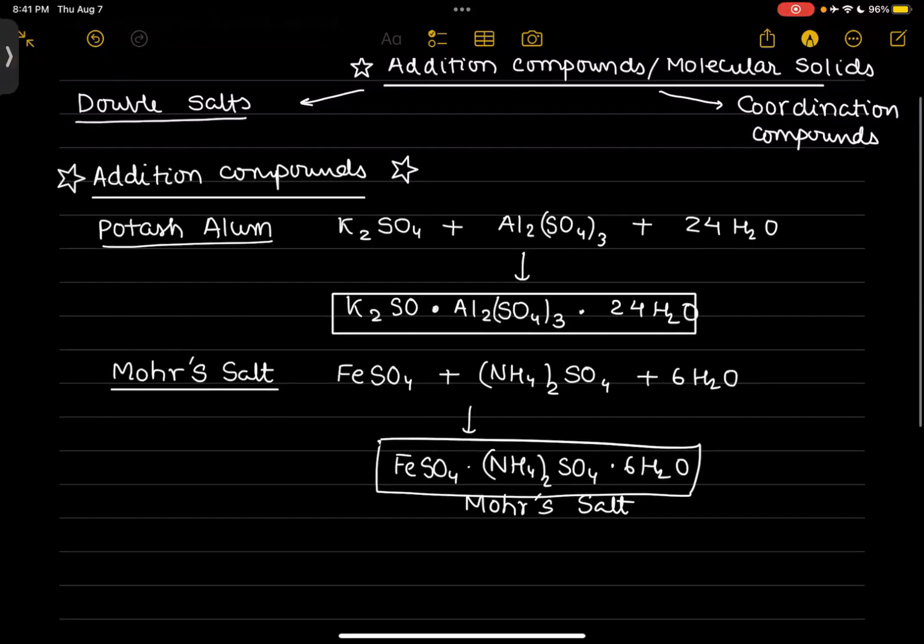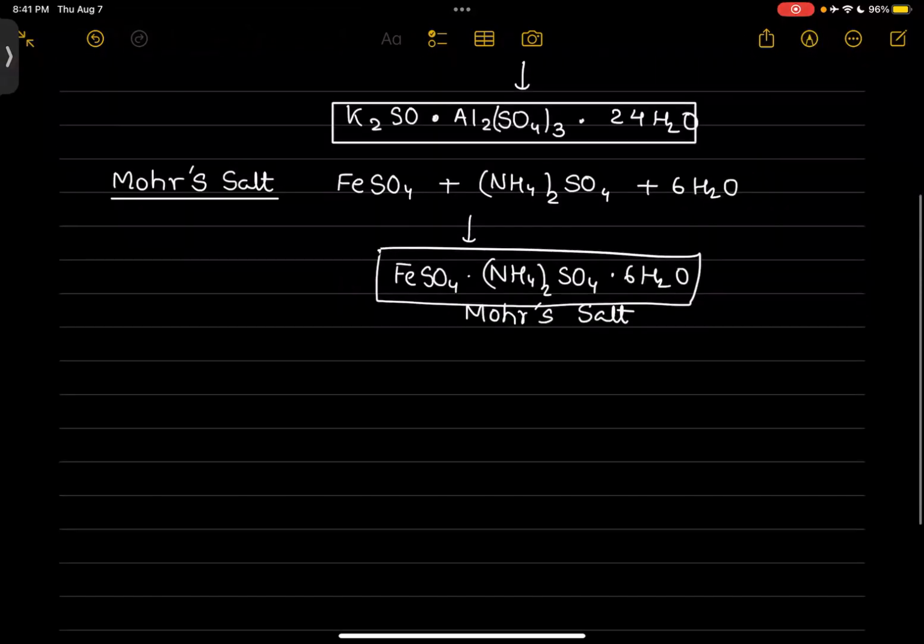Okay. Let me write one more addition compound. All of you must have seen it at some point of time. You might have studied it in your class 10th also. So copper sulfate solid, anhydrous.